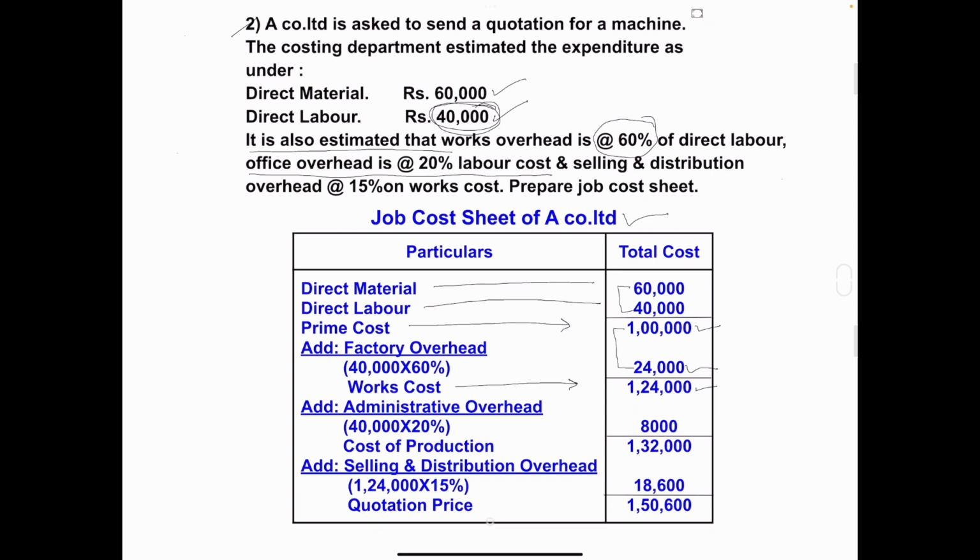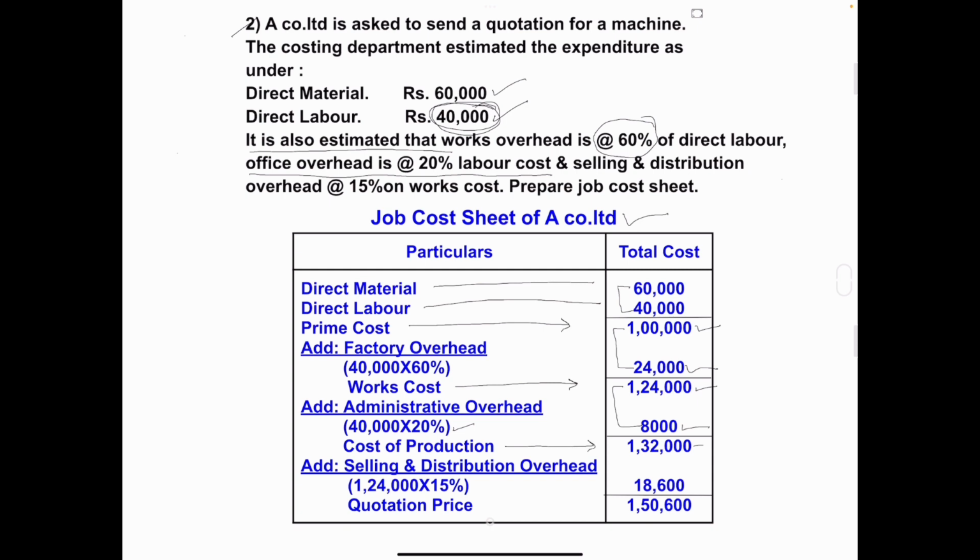See, I have written in the bracket 40,000 into 20%, we will get 8,000. This is the administrative overhead amount. Add these two. 1,24,000 plus 8,000. Total is 1,32,000. And this is cost of production.